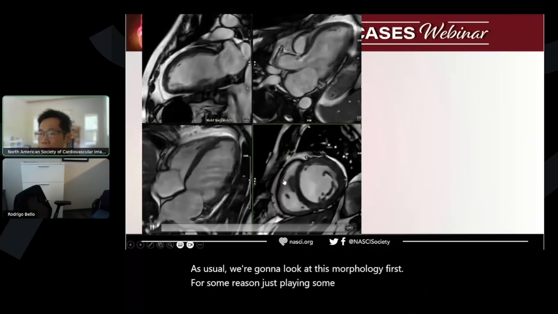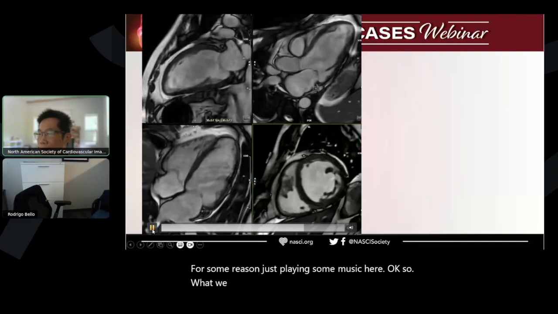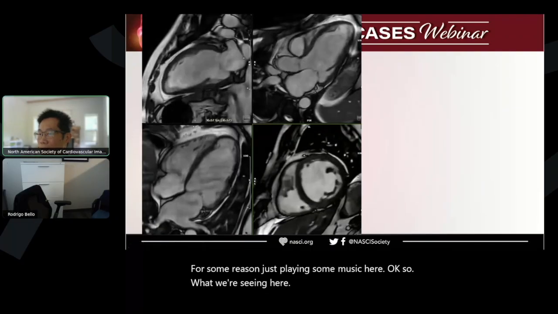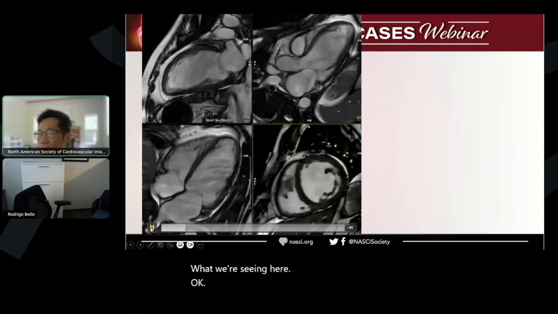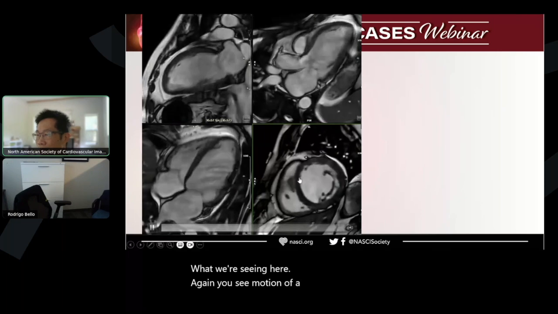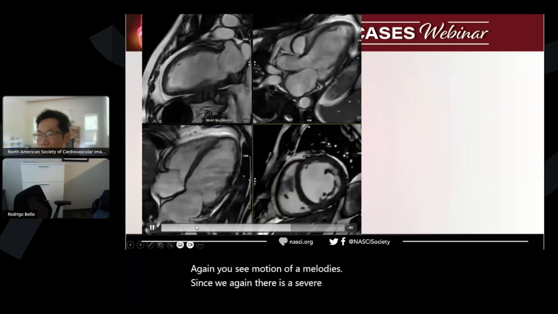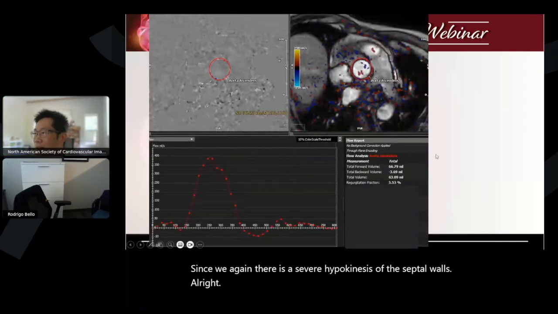Okay, so what we're seeing here, again, you see motion abnormalities. There's a severe hypokinesis of the septal walls. And the flow looks good.